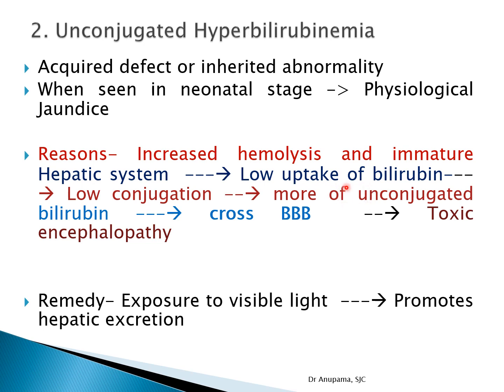So if more unconjugated bilirubin is there, we know that it can cross the blood-brain barrier and it can lead to toxic encephalopathy. The remedy is that the kid is exposed to visible light.